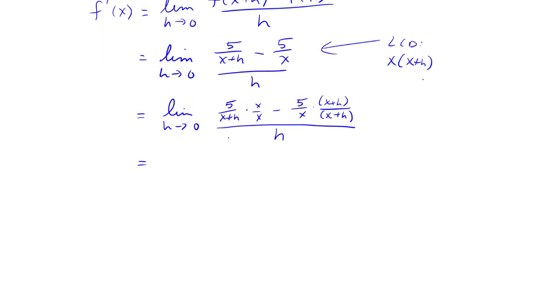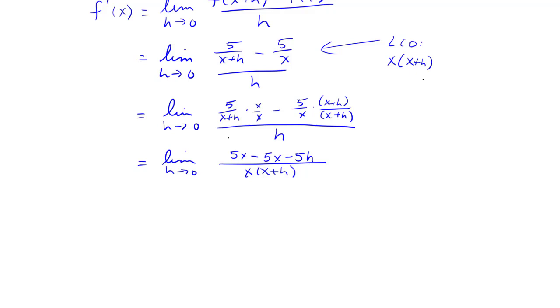And cleaning that up on top, this whole numerator is going to be over x times x plus h. So 5x minus 5x, and then distributing, minus 5h.